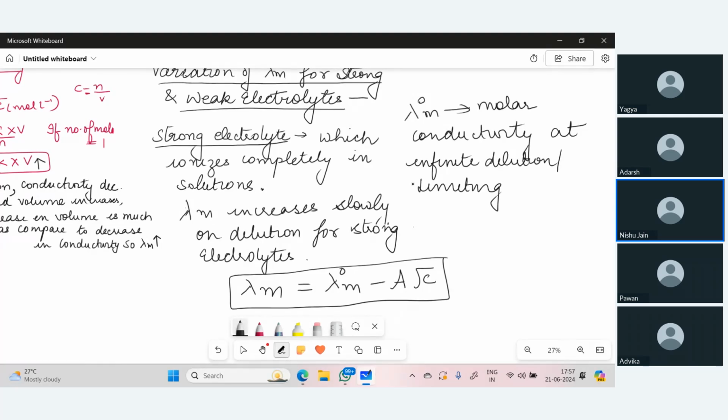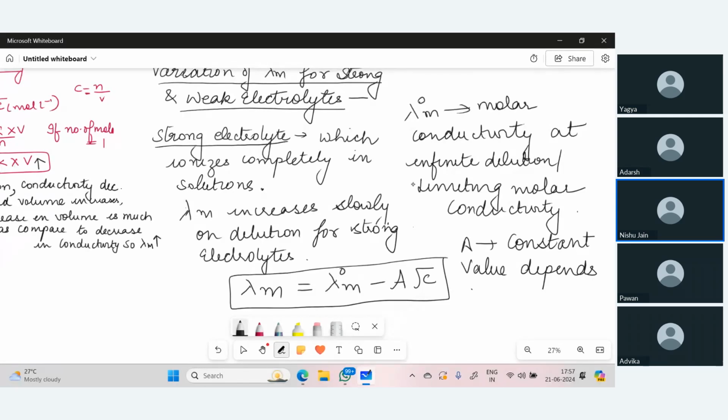I will explain the definition of that, limiting molar conductivity. A is a constant. Its value depends on the type of electrolyte. This also I will explain, what we mean by type of electrolyte. And C is the concentration.